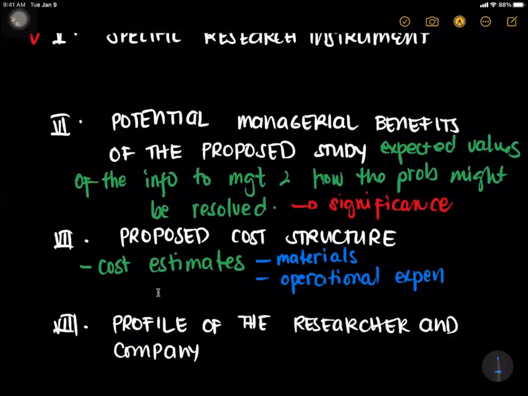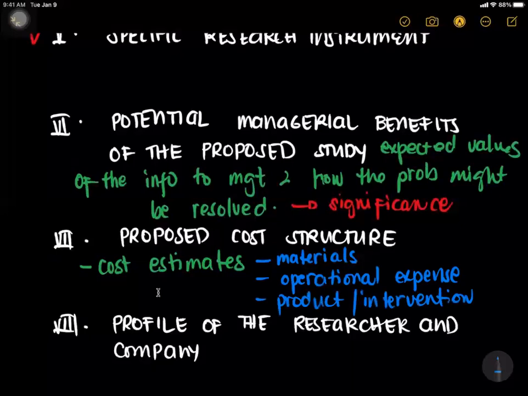Then if you have your product or your intervention, and likewise, the transportation, which is already part of your operational expenses, and if there will be participation fees to your participants or respondents, you might include it in there.